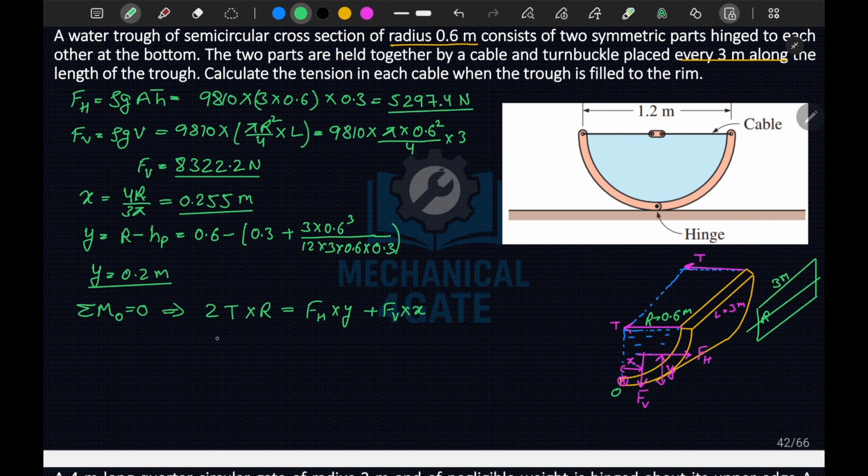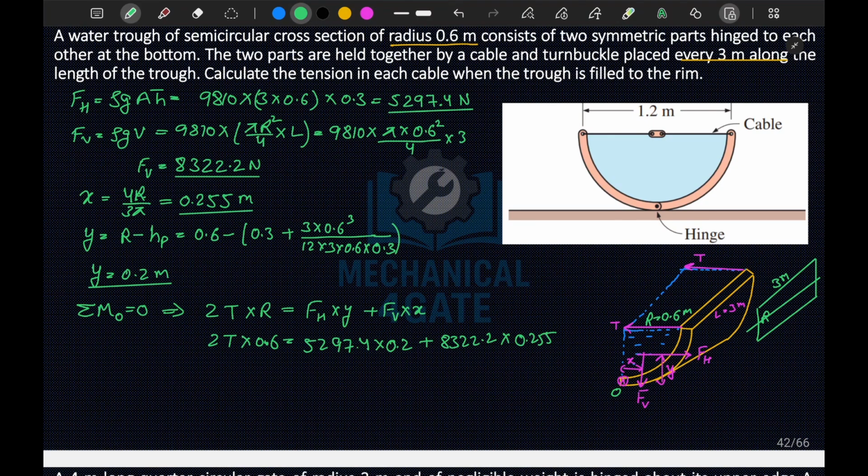Okay, so here we can find T. Let's write it exactly now. So 2T into 0.6 is equal to FH, which is 5297.4, into y, which is 0.2, plus FV, which is 8322.2, into x, which is 0.255.